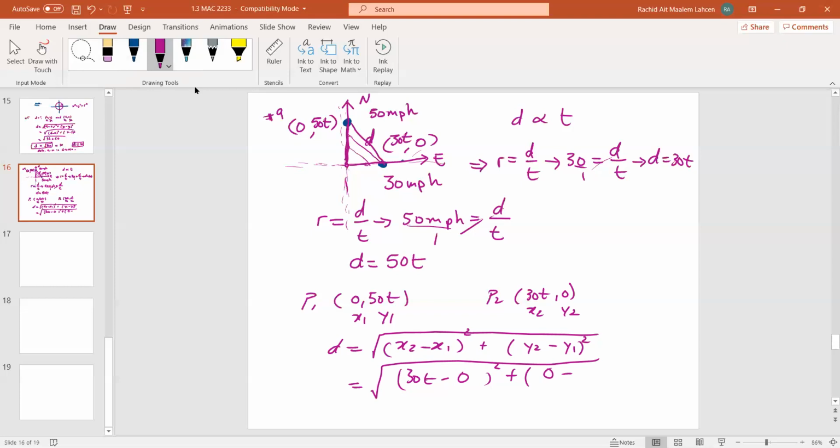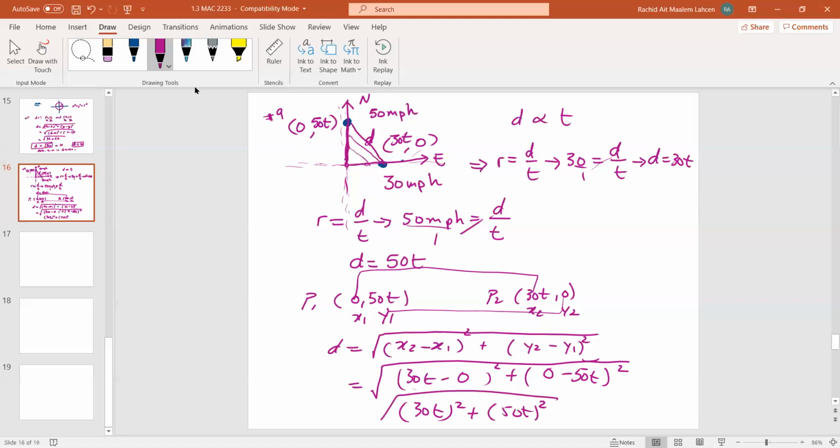So x2 minus x1, right? If you do it this way, you don't switch them. And y2 minus y1, 0 minus 50t, squared. So 30t squared plus 50t squared.